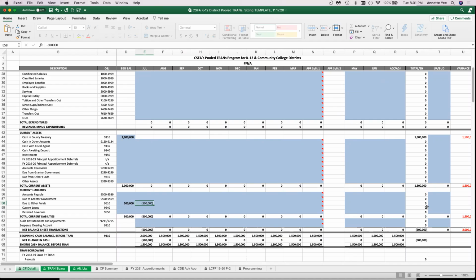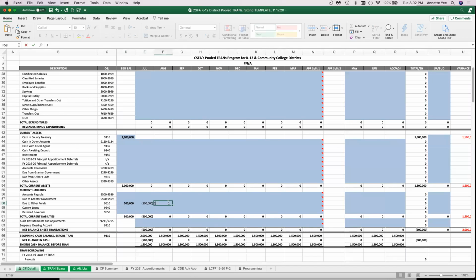Now, I have some clients that are really struggling and they have to borrow again. So let's put in $1 million in August because they have to borrow again. So they just paid it back, but then they have to borrow again? We do have some districts that struggle a little bit until they get their December taxes, as an example.